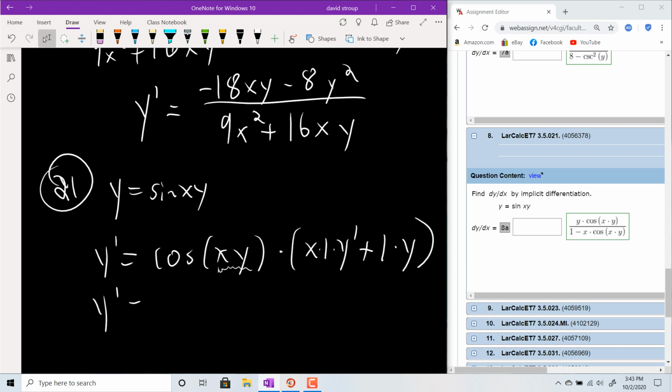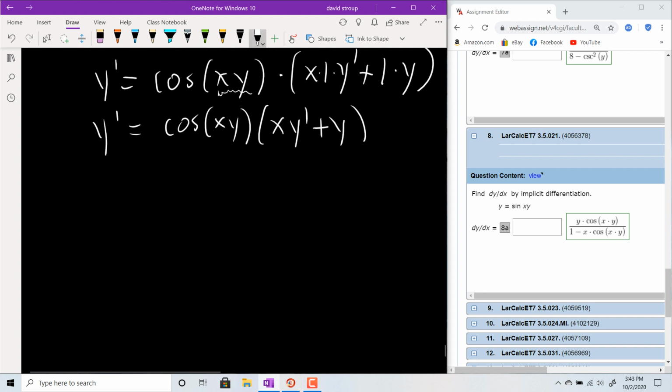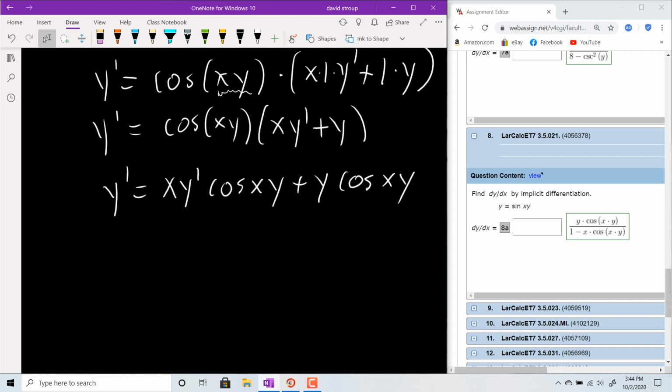So you have y prime is, let's clean it up a bit. Distribute. Collect all the y primes together.